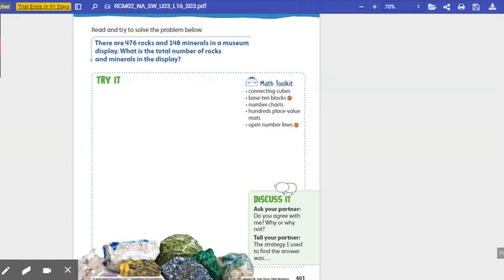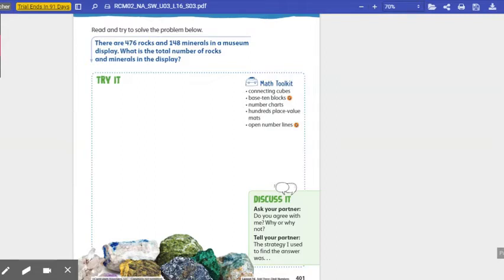Now let's read again to see what information is important and can help us solve how many rocks and minerals are in the display. There are 476 rocks and 148 minerals in a museum display. What is the total number of rocks and minerals in the display? So what information is important here?